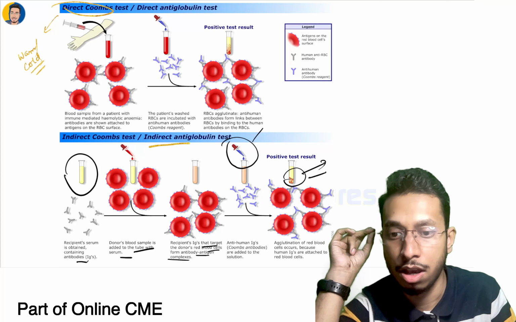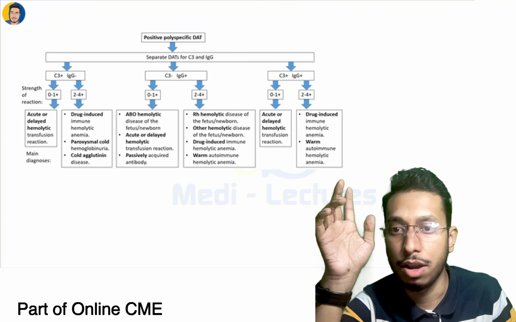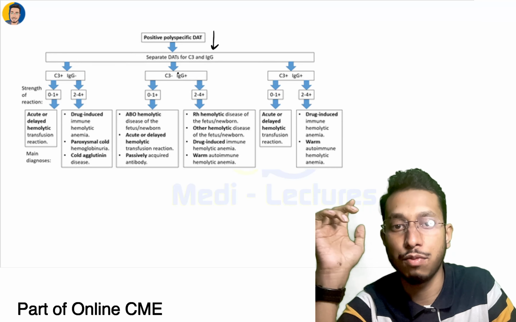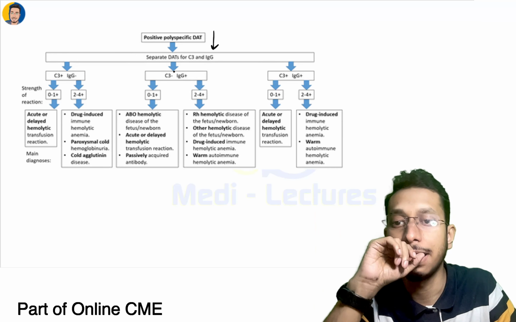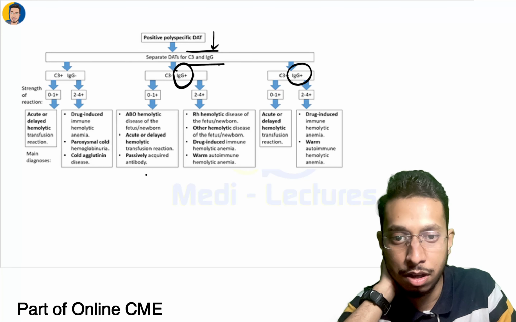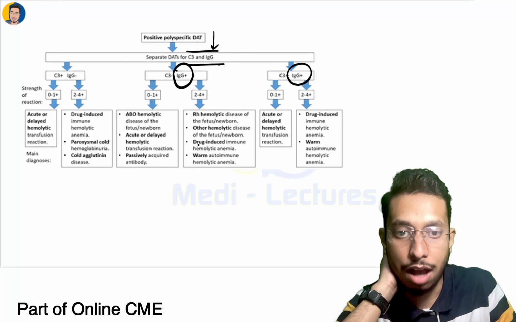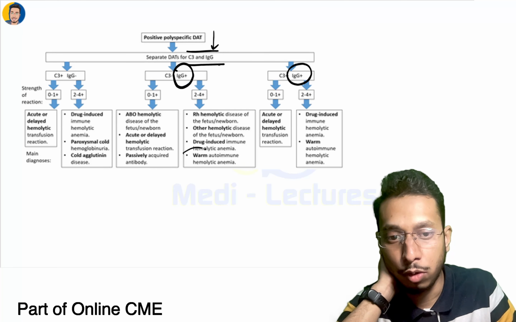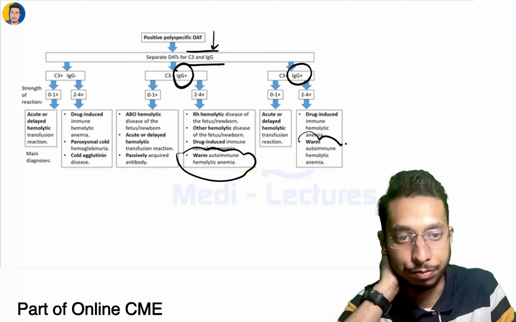Alright. Now, what is done when autoimmune hemolytic anemia is suspected? The first step is the direct Coombs test. If it is positive, what is the next step? The next step is to check for a separate direct agglutinin test for C3 and IgG. Now, as you can see from the chart, if IgG is positive, most of the causes of importance is warm autoimmune hemolytic anemia.